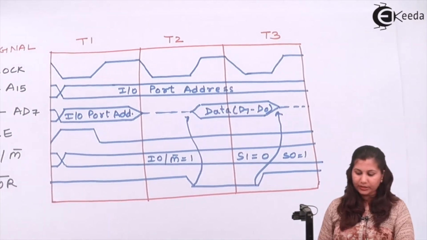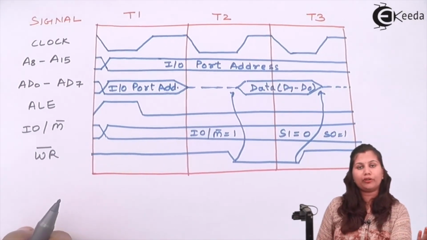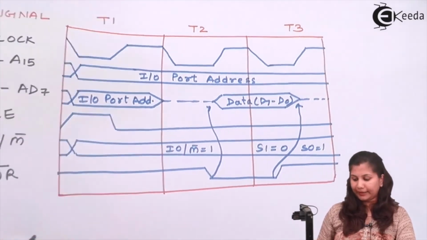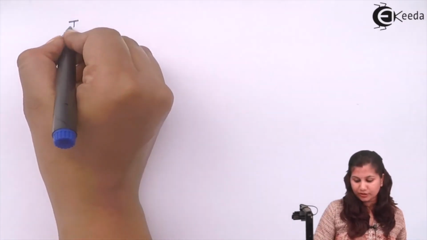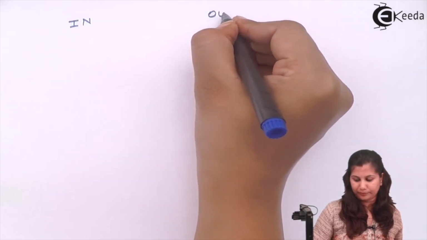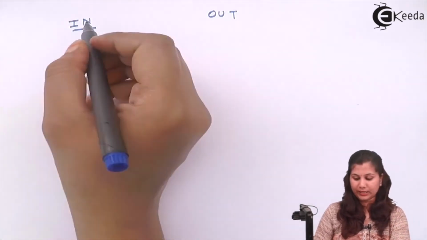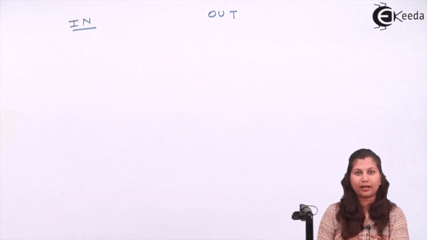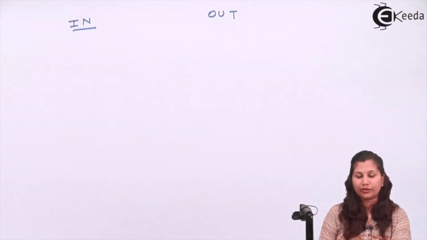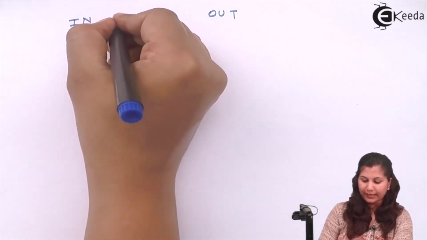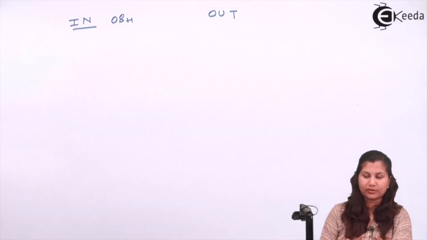You can see that input output write and input output read will be the timing diagrams for the IN instruction and the OUT instruction. What the IN instruction does is get the data from the port address which is given as an operand. Suppose IN 08H is written here.